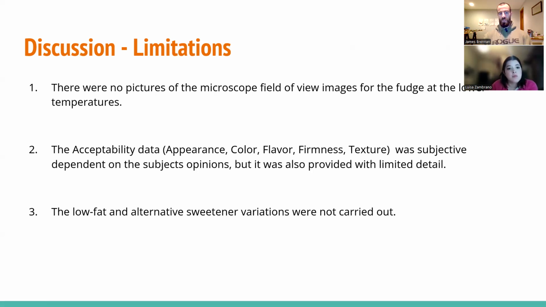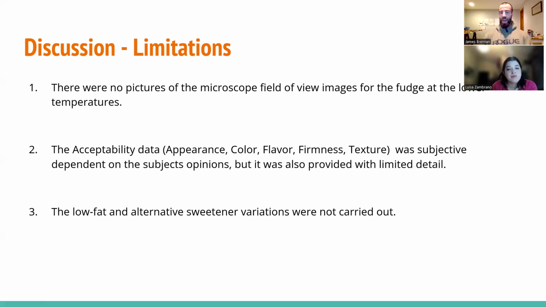The second limitation was that the acceptability data, all of those characteristics, appearance, color, flavor, firmness, and texture, were subjective, dependent on subjects, but they were also not very detailed. In the previous experiment we did, we saw the subjects actually consume cookies and they were able to say, like, yummy.